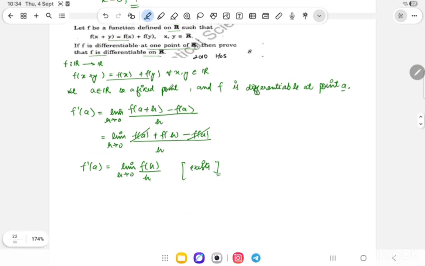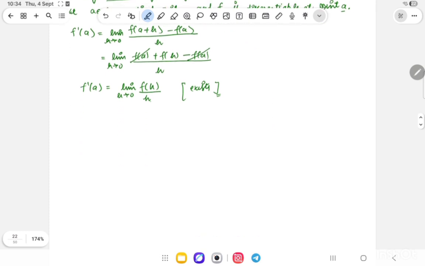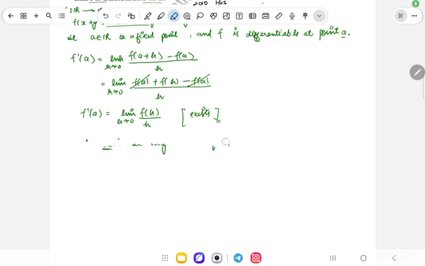Now we are supposed to prove that f is differentiable on whole R. So let us assume that c belongs to R is any arbitrary point in R. This limit exists because f is differentiable at point a.